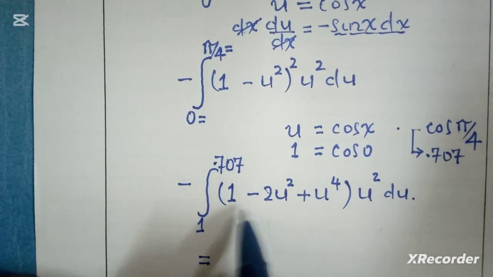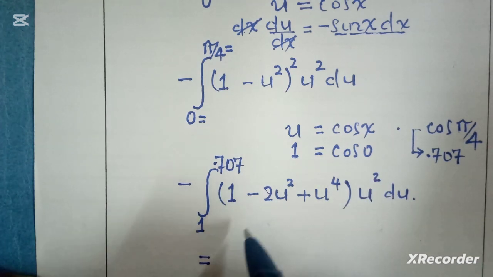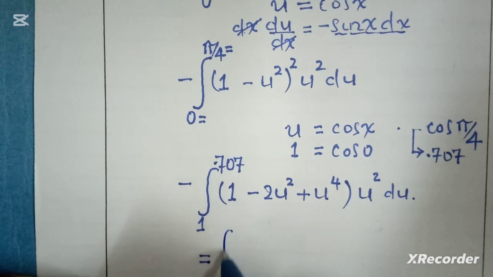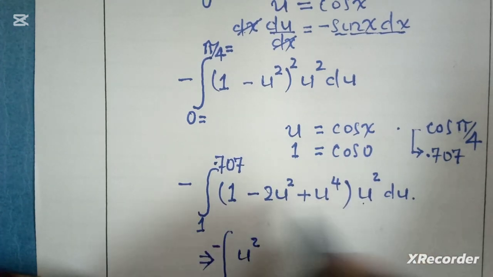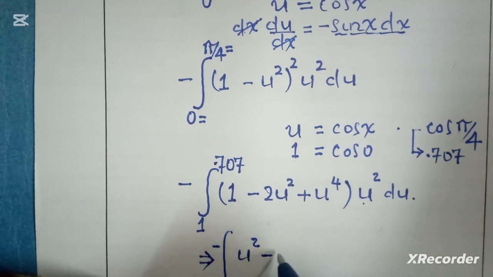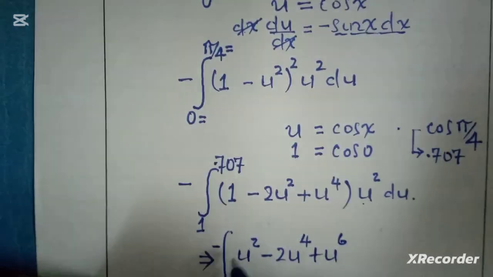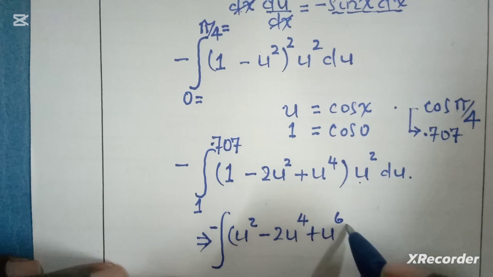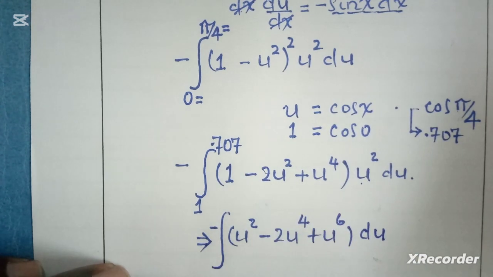So finally guys, before we do the integration, we shall have again this negative here, then we shall have u squared minus 2u raised to 4 plus u raised to 6, like that. This is now then the u.